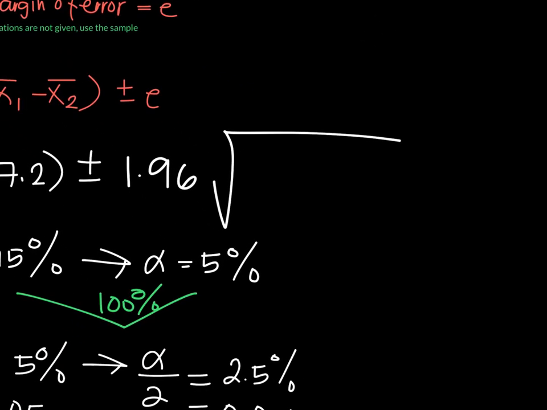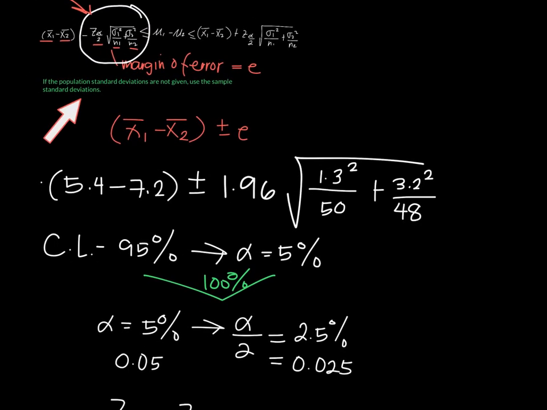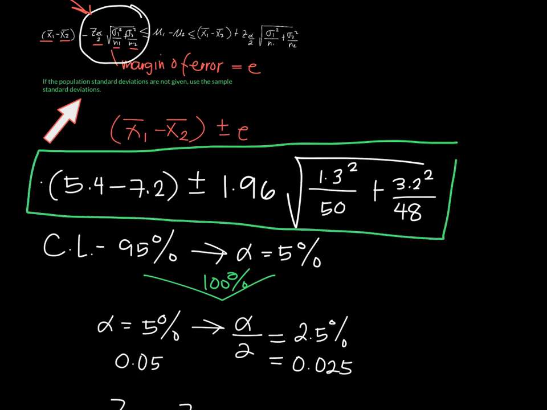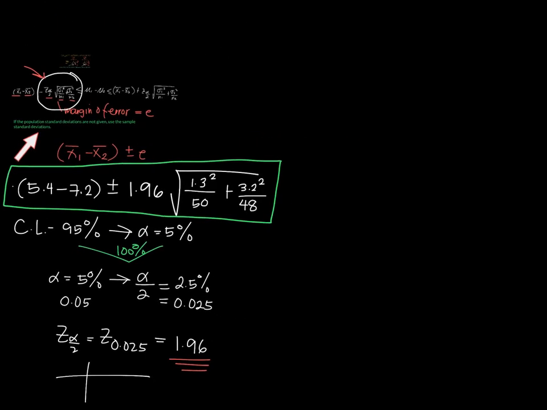From the formula, we have 1.3, which must be squared, over n1, and we have 50 respondents from the group who are taking the supplement, plus 3.2 squared over n2, which is equal to 48. And here you have already what you need to find the confidence interval. You have to make use of your calculator to compute the simplest form of this expression.